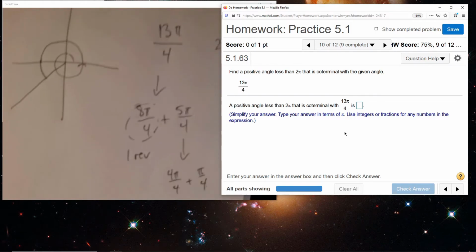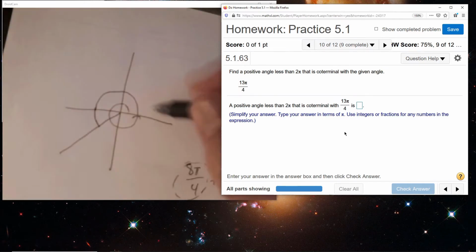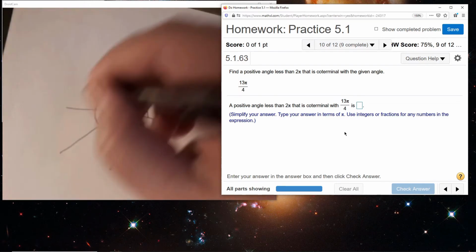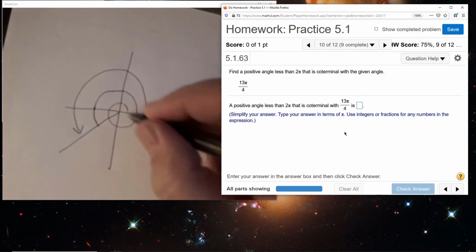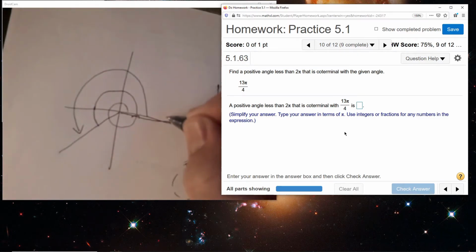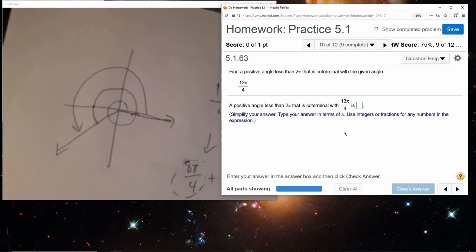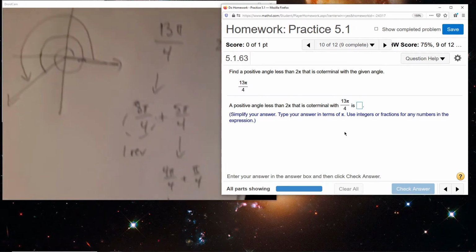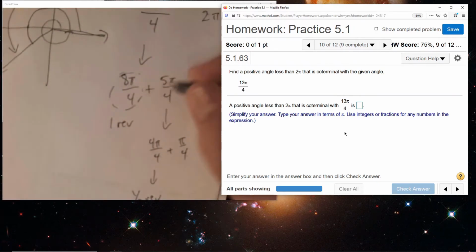So the question is then, okay, well, what is this angle that just starts right from the initial and just goes directly to the terminal? What angle is that? Well, that's 5 pi over 4.